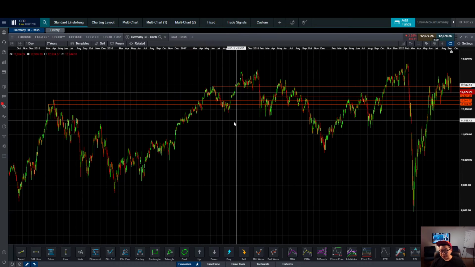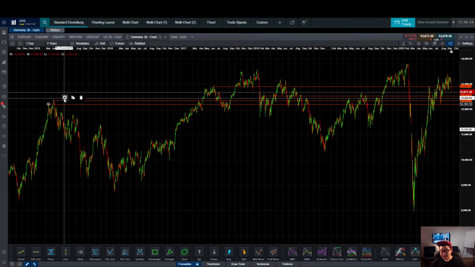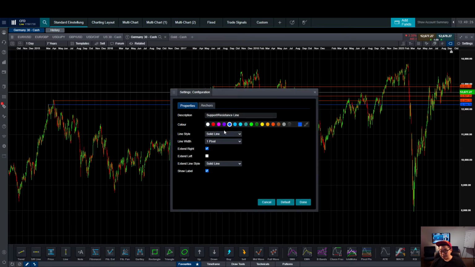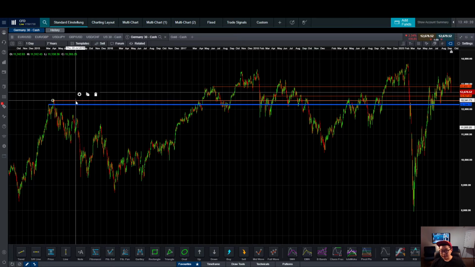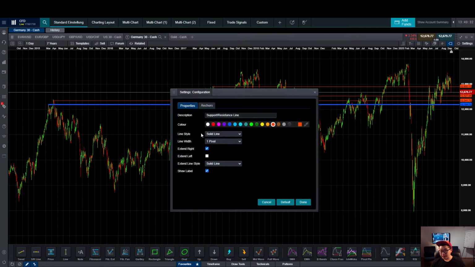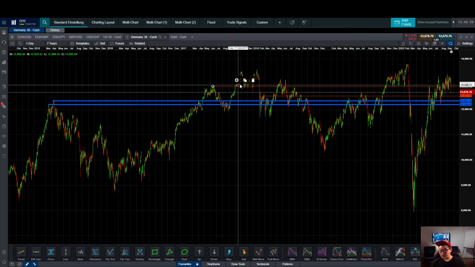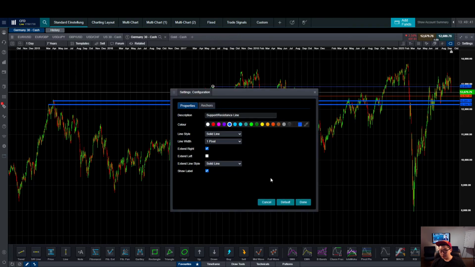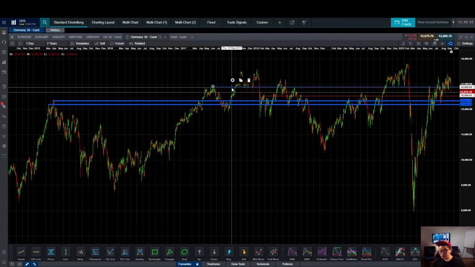So what I'm going to do now is take these and make them blue. For me, the blue thick lines are the support and resistance lines of the day chart. Sorry.